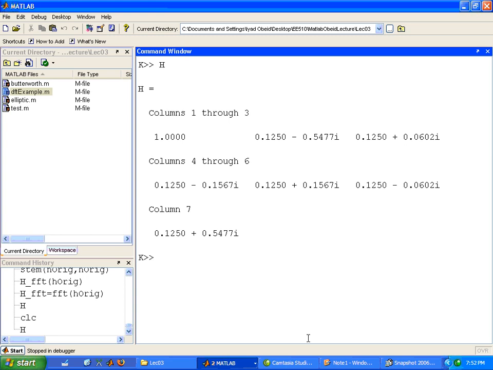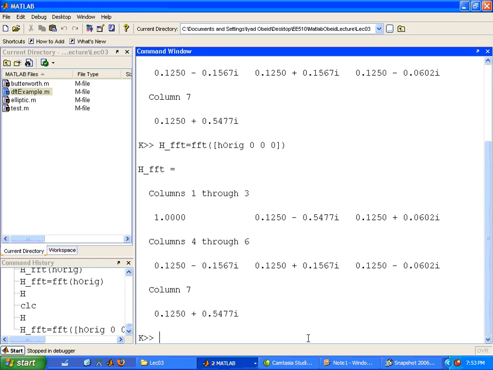MATLAB has computed that for the DFT, and the only problem now is I have to pad this with 3 zeros, because h has 4 samples, so I pad it with 3 samples, and those are exactly the same. So it doesn't matter how many samples you do, as long as you evaluate freqz at the correct frequencies, FFT and freqz should give you the same thing.